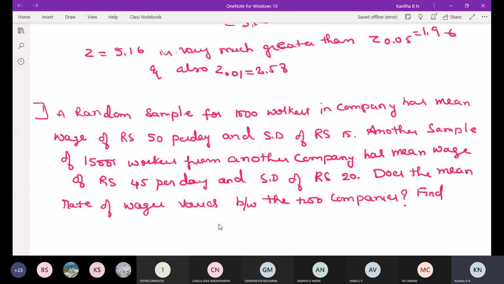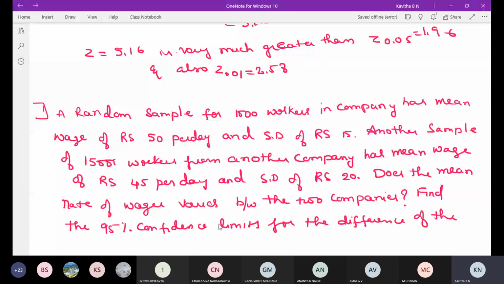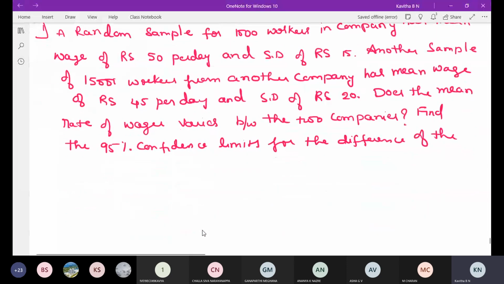Find the 95% confidence limit for the difference of the mean wages of the population of the two companies.